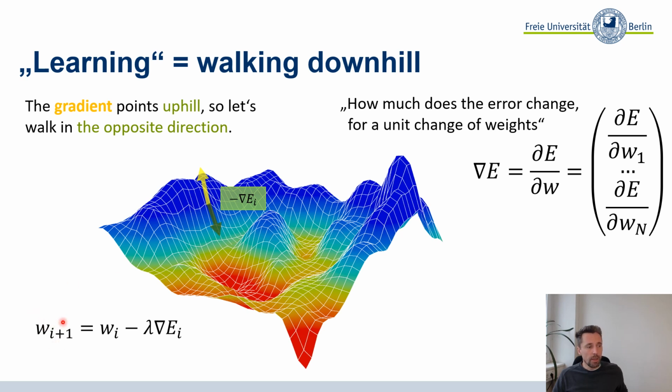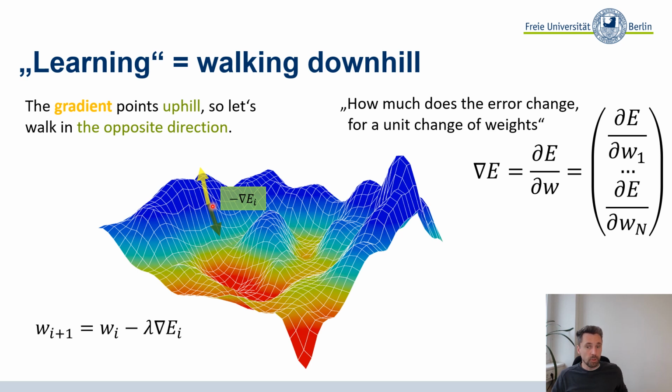So our weights for the next iteration are the old weights minus some learning rate lambda times the gradient at that step here.